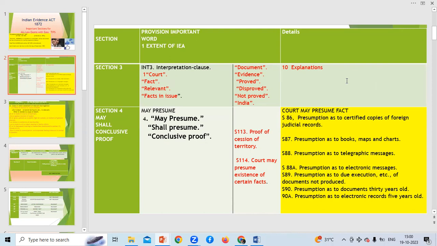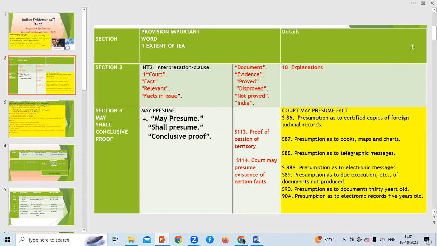Section 3 is the interpretation clause, in which we find 10 explanations, as given in the list: court, fact, relevant, fact in issue, document, evidence, proved, disproved, not proved, and lastly, the 10th is India. So wherever these words are mentioned in this act, the explanation we should find in section 3. So it is very easy, otherwise it will be more bulky.